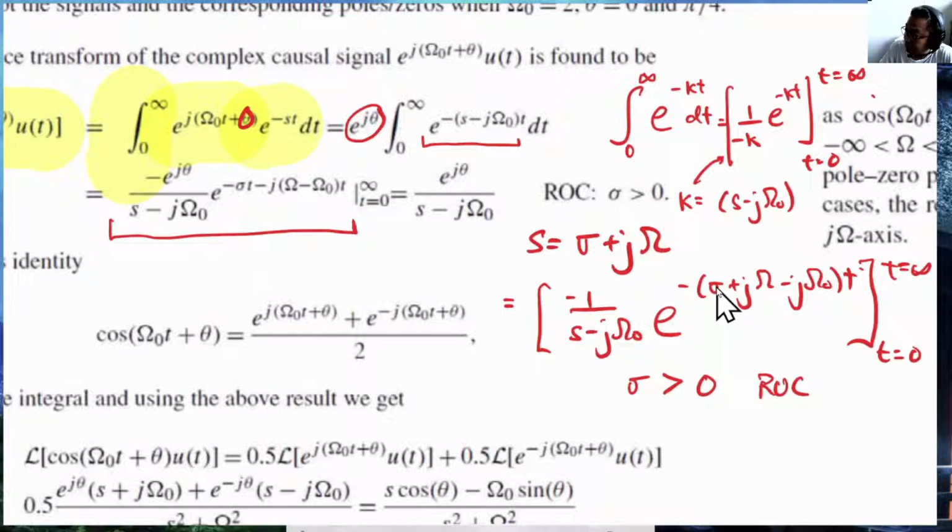Otherwise, if sigma is negative, then negative times negative is positive, times infinity, it will be infinity. So sigma must be greater than 0, which makes it e to the minus a positive value multiplied by infinity, which will render this whole expression to be 0. That's for t equals infinity.